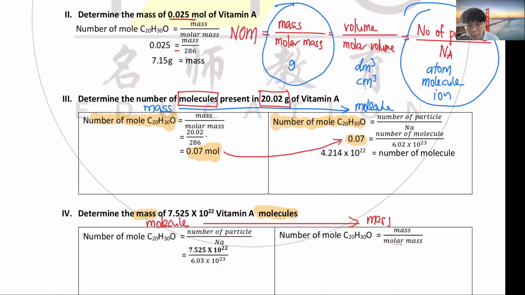Now you start with the molecule. How many molecules do you have? Then you divide by 6.02 to get how many moles. Then convert here to change it to mass. This one, when you're keying in to calculate it, be careful. I think you did this in school already.